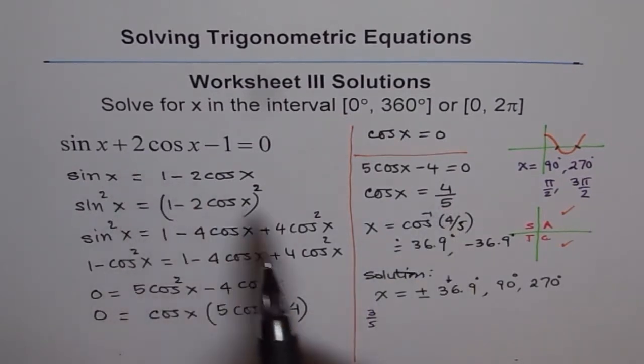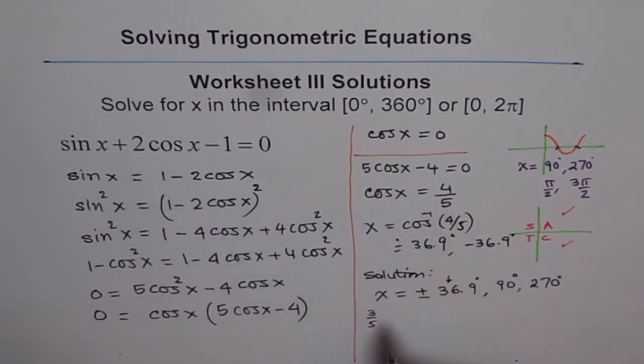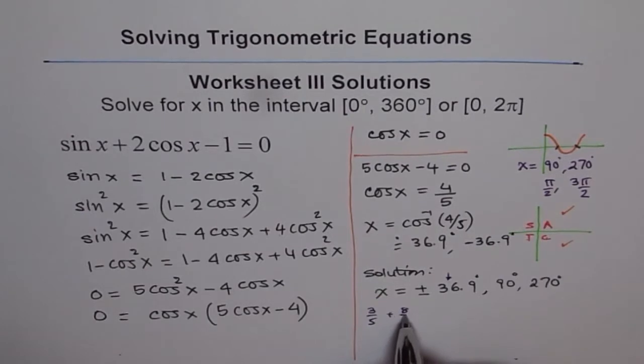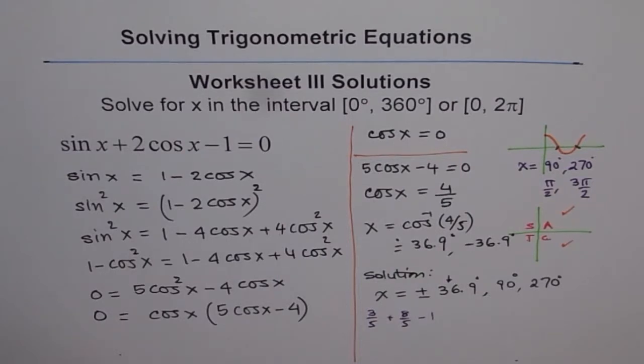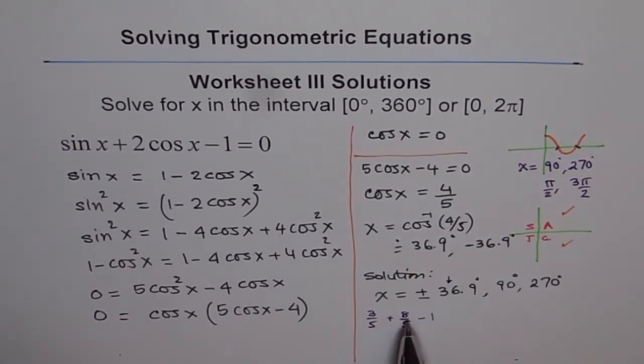So 2 times 4 over 5 will give me the exact value of 8 over 5. So we get 8 over 5 minus 1. That is what we get. If you see, it is 11 over 5, and 11 over 5 is actually not 1, right? So this is not correct.